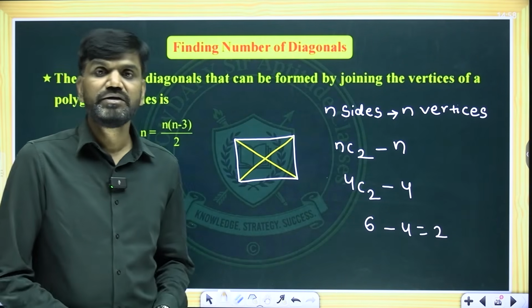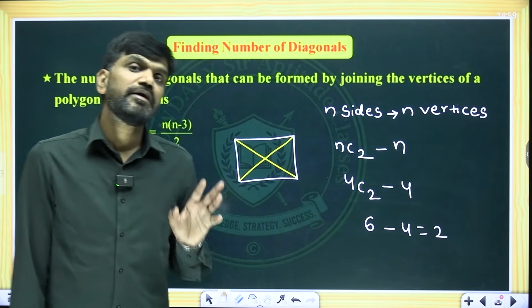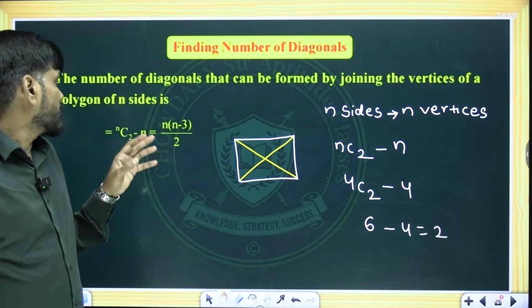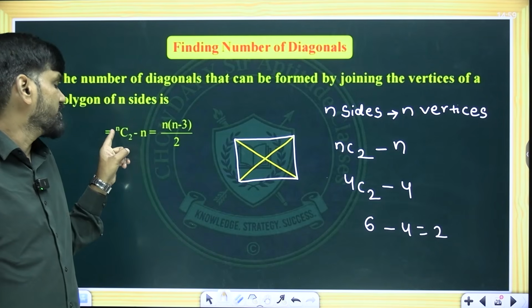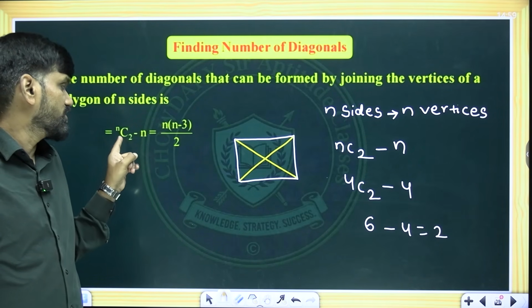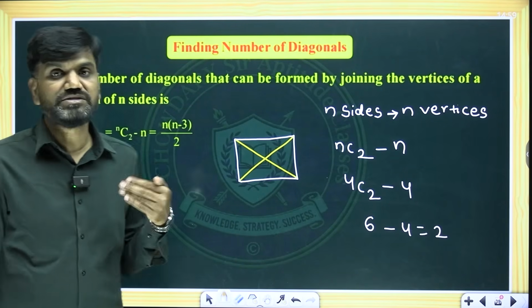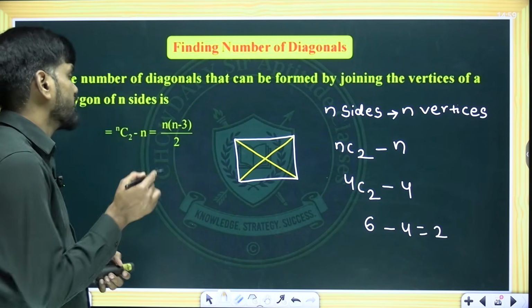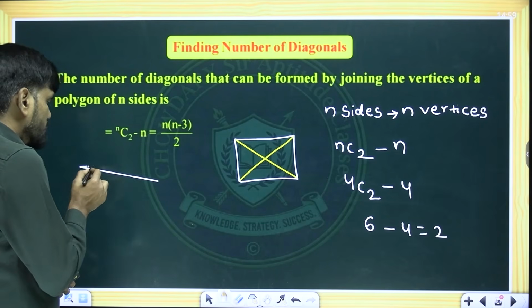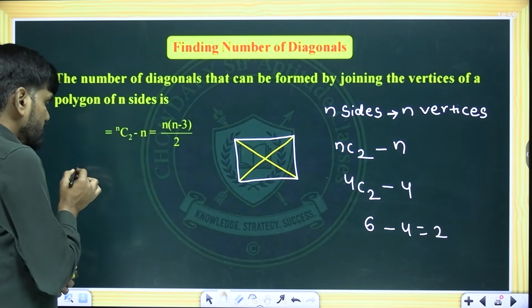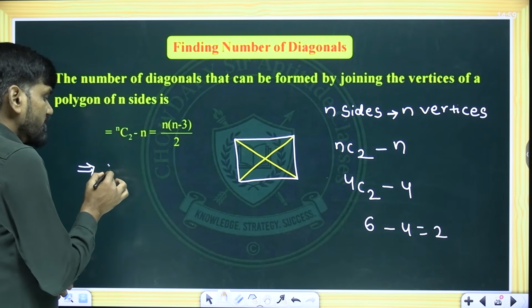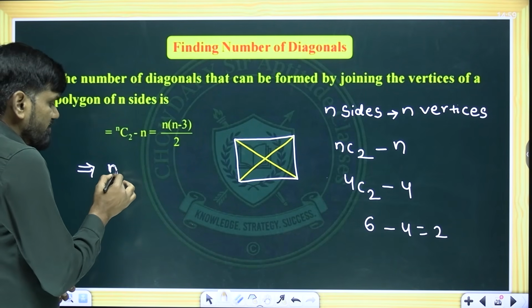2. This is the reason why if a polygon is having n sides, it will have n vertices, nC2, n vertices. So, number of diagonals will be nC2. From that, you just have to remove the sides, that will give you the actual number of diagonals in it. So, let me rewrite this. If there are n vertices, like n sides, it will have n vertices.